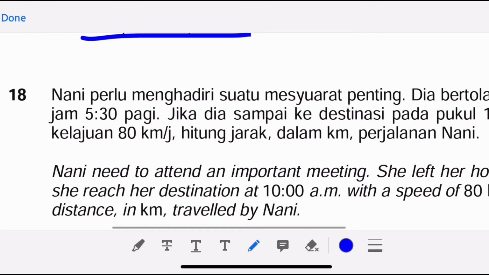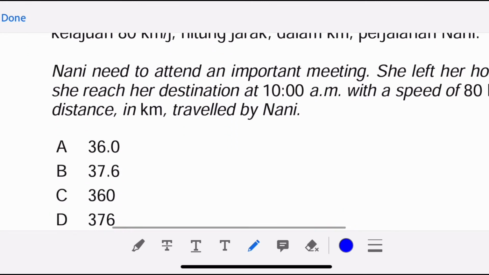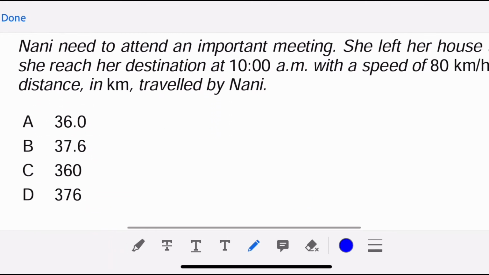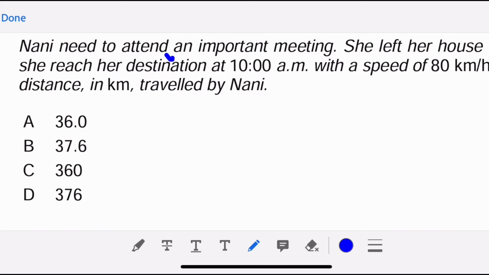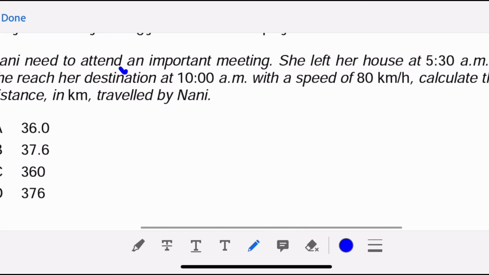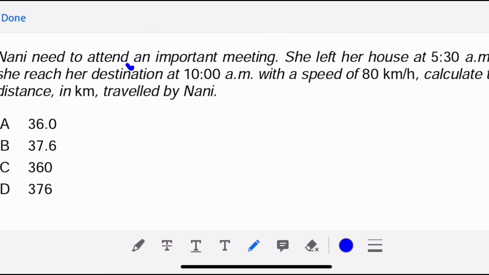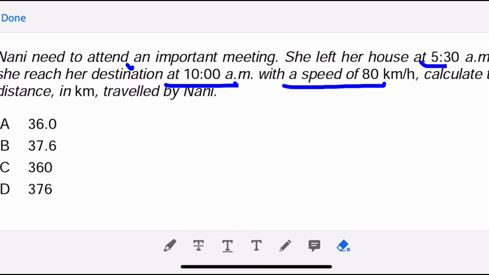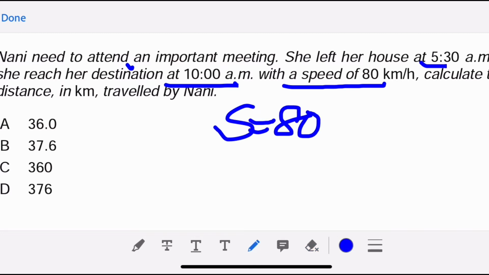Okay, so for this one, Nani needs to attend an important meeting. She left her house at 5:30 a.m. If she reached the destination at 10 a.m. with a speed, we always use the S, right? Speed is 80 km per hour from 5:30 to 10:30.